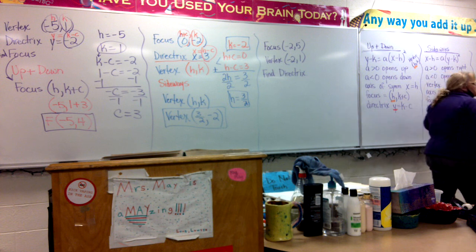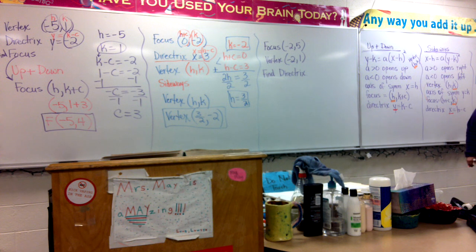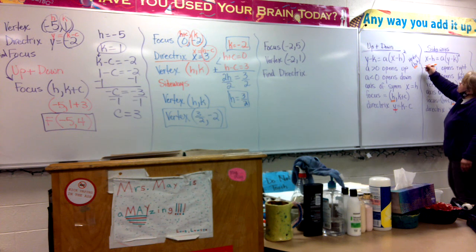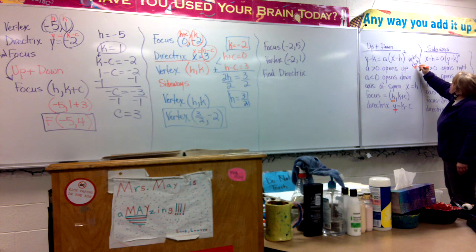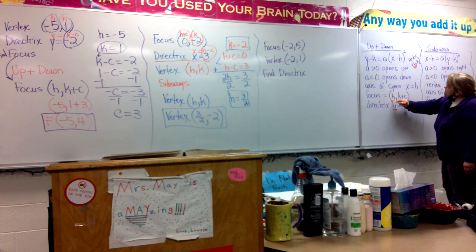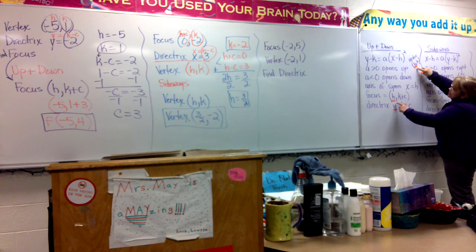The sideways and the up and down, the vertex and the focus. We are looking at the vertex and the focus, and they're both points with an x and a y coordinate. Well, if you look here on the up and down, the vertex and the focus have the same x coordinate.